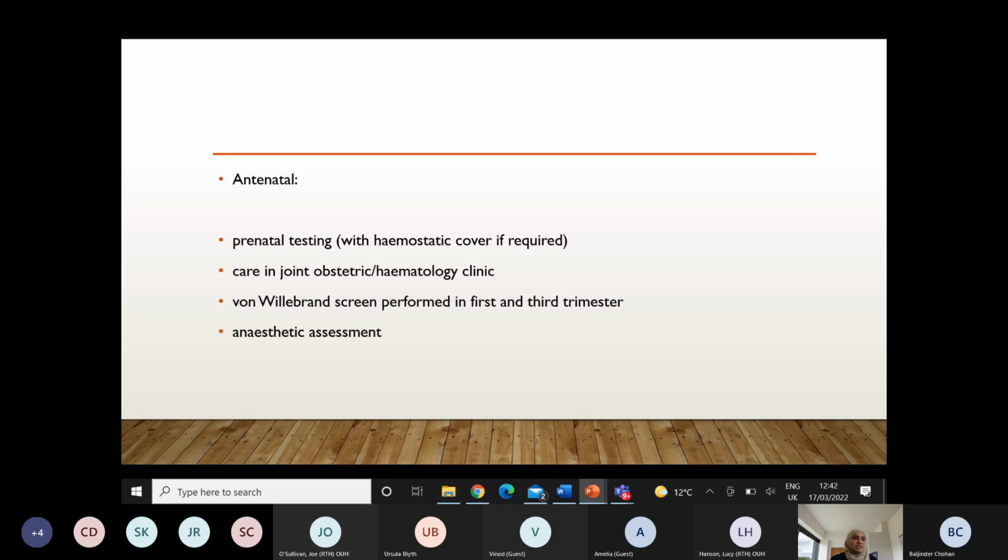If we have situations like this, I'm sure they will respond a bit earlier, or we can discuss with the on-call team. We can do testing of von Willebrand factor levels in the first trimester, then again in the third trimester, and involvement of the anesthetist is important.